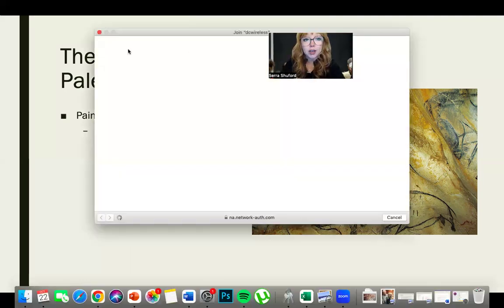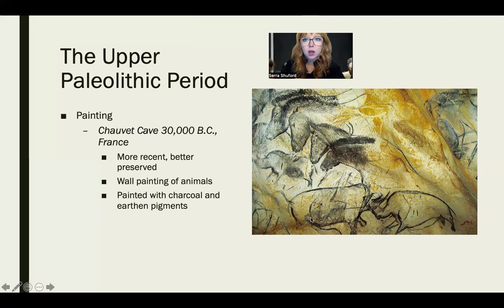The Chauvet Cave was so well preserved because it had been covered by a huge stone for thousands of years. And so the moisture in the air, all of that was able to be preserved in a very ideal way. Up until the 1980s, when it was discovered, it really hadn't been opened for all these thousands of years.